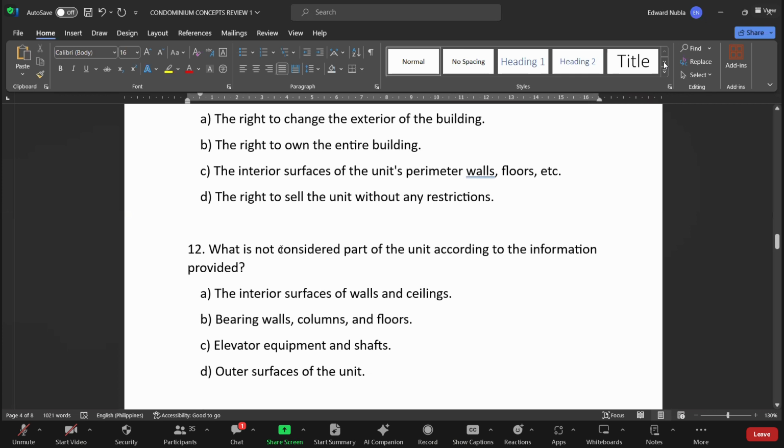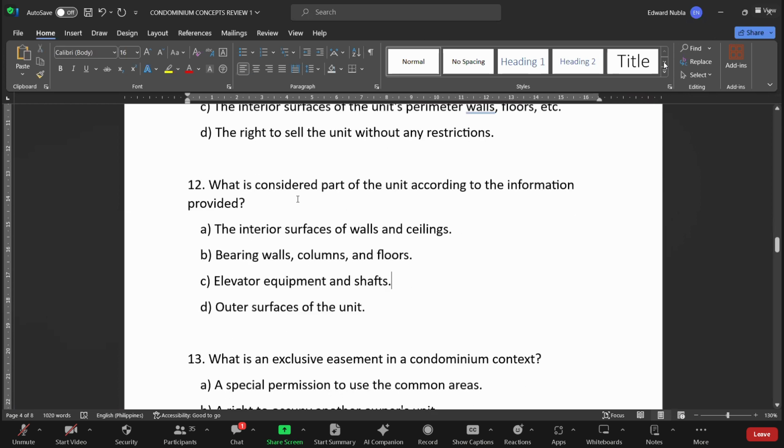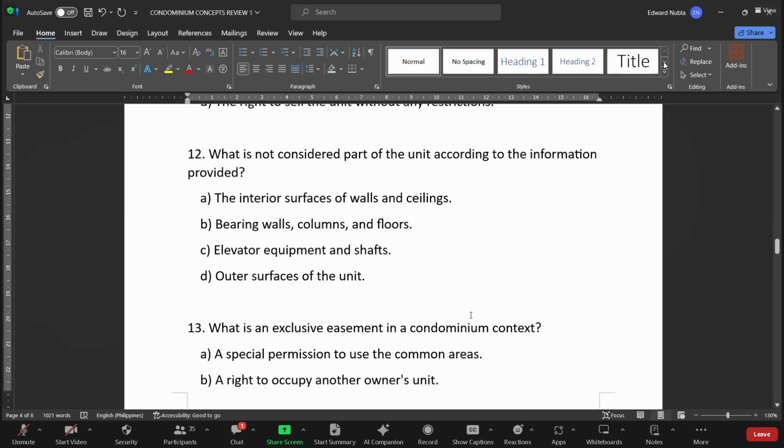Actually, this question is wrong. It should be what is not considered part of the unit. If you answered B, C, D, that is correct, since the elevator equipment and bearing walls are not part of the unit.